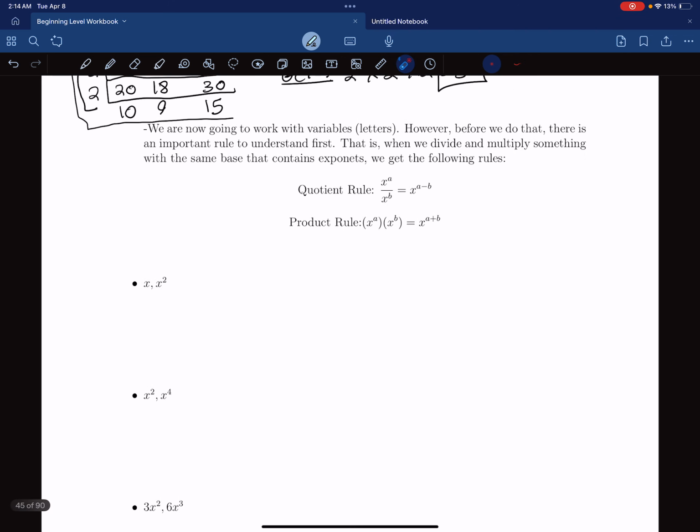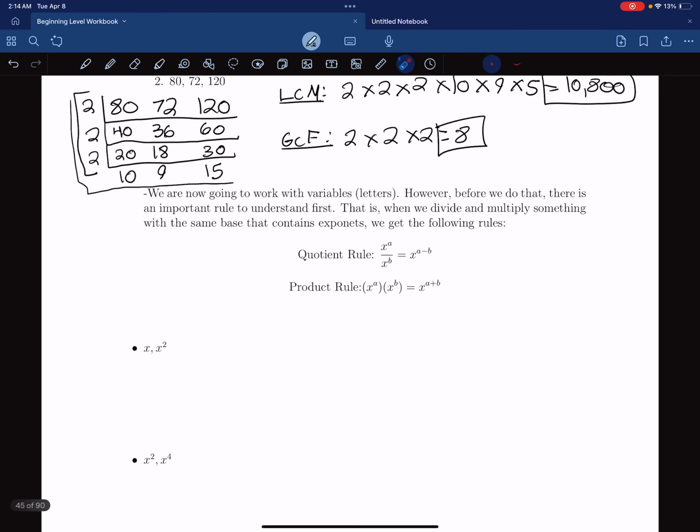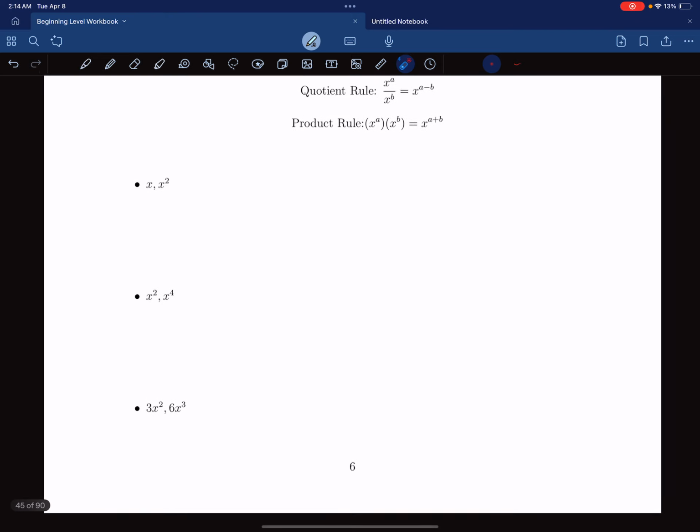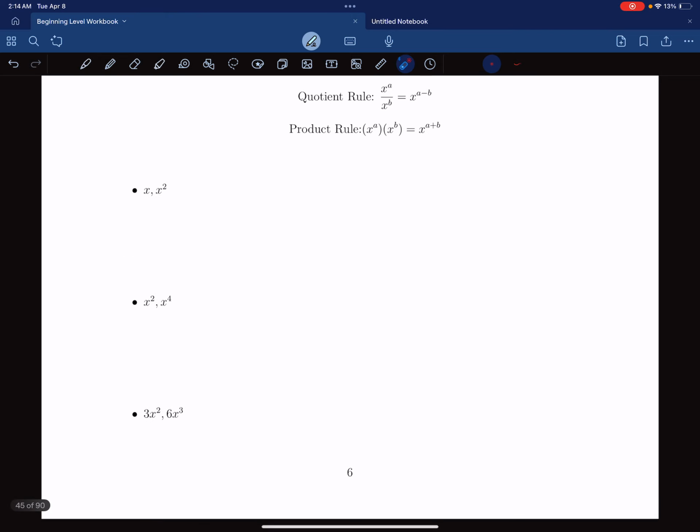So before we work through these problems, let's talk about a couple rules first. What I want to say is here, we're going to be finding the least common multiple and the greatest common factor of some variables.